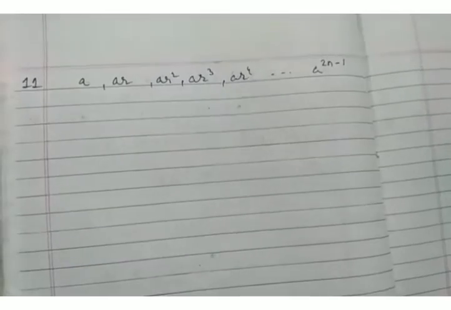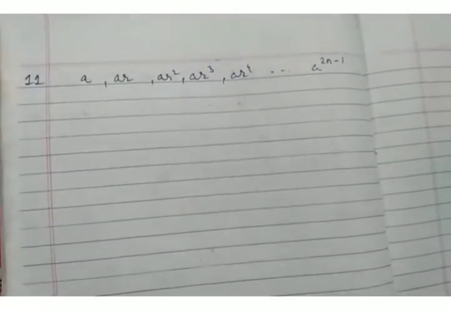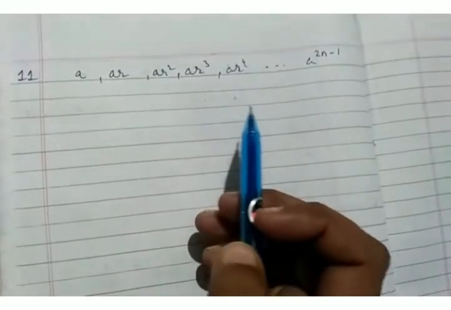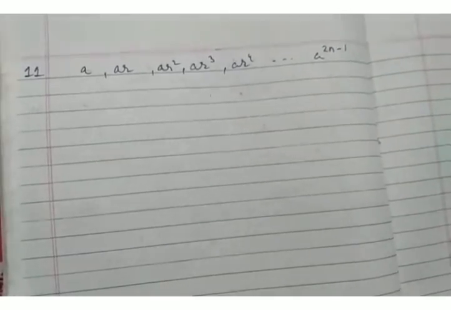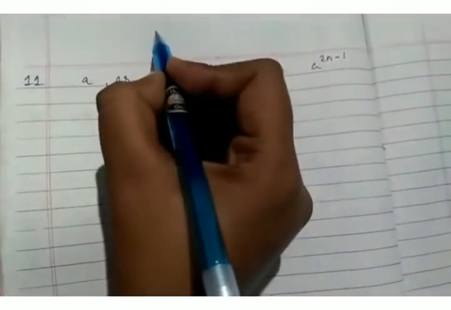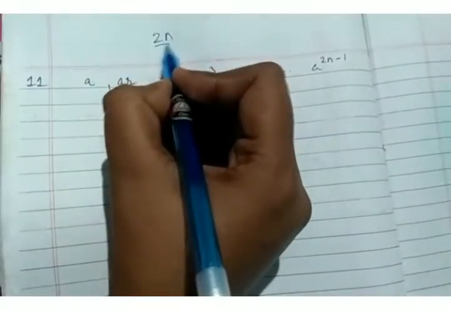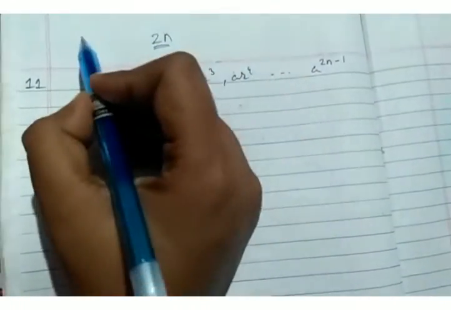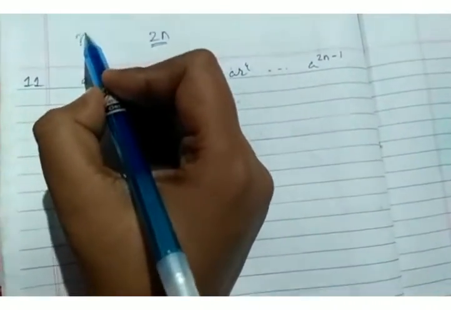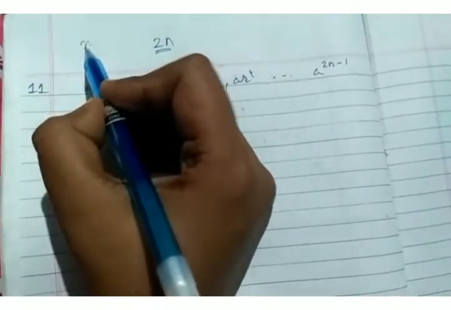The question that you have asked is question number 11. In this question we have been given a GP which, as written in the question, consists of an even number of terms. Whenever we talk about an even number of terms, in general we take the number of terms as 2n, because n can be either even or odd.